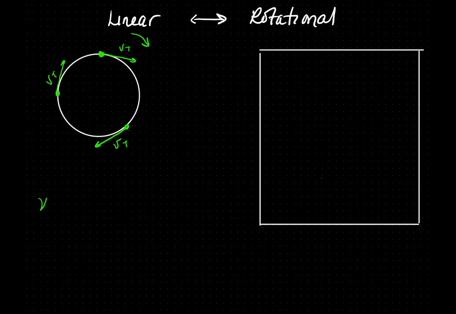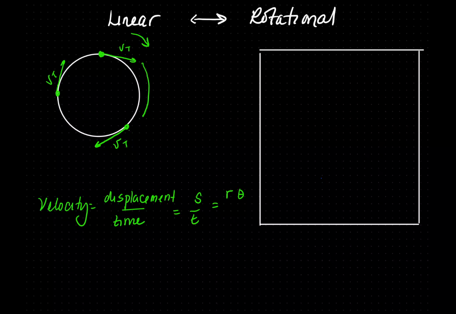We know that velocity is defined as displacement over time. That displacement is the arc length, so it's S over T. We know that S, the arc length, is also R, the radius, times theta, the angular displacement, so it's R theta over T. Theta over T is omega, angular velocity.